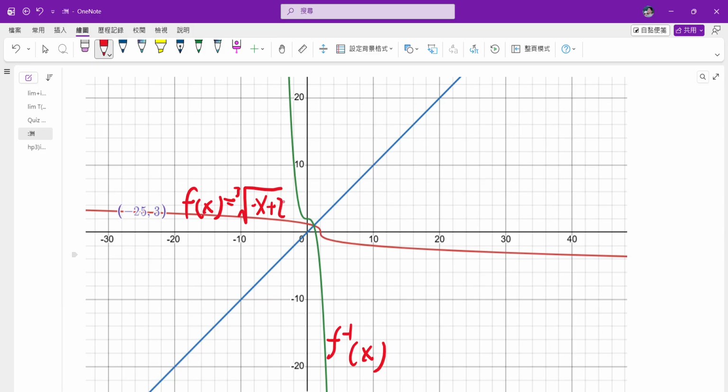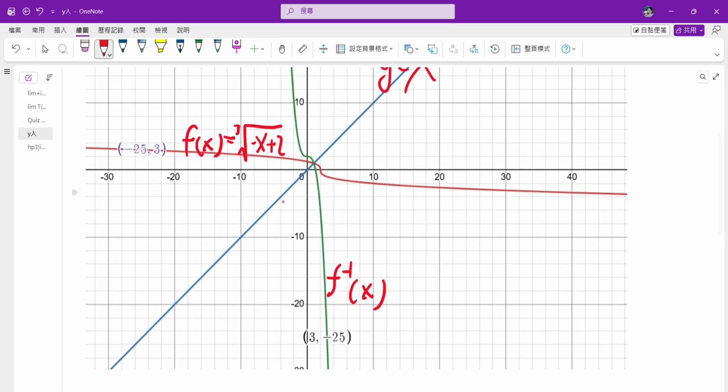Okay, so you can see the function and its inverse function are reflections with respect to x equals y. Okay, they're symmetric, like a mirror. So negative 25, 3 is on the original function, and if you scroll down, 3, negative 25 is on the inverse function.